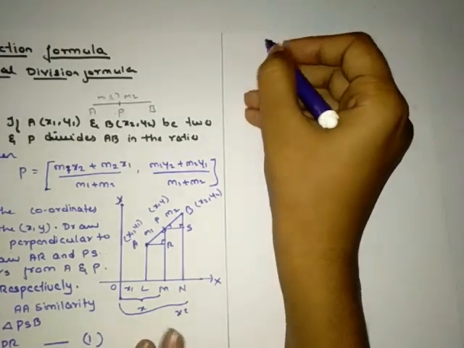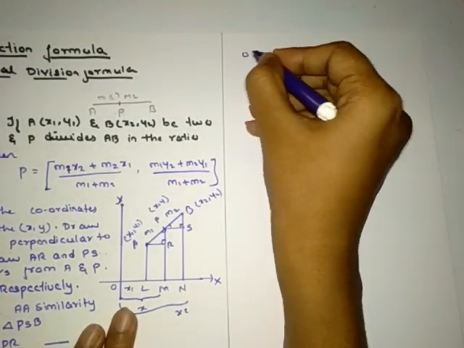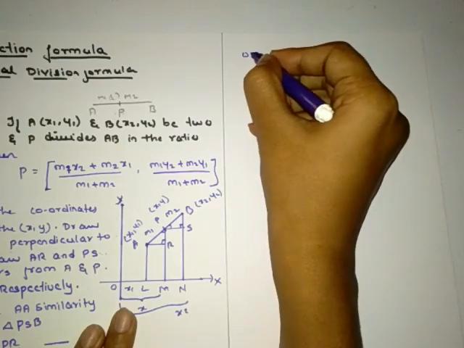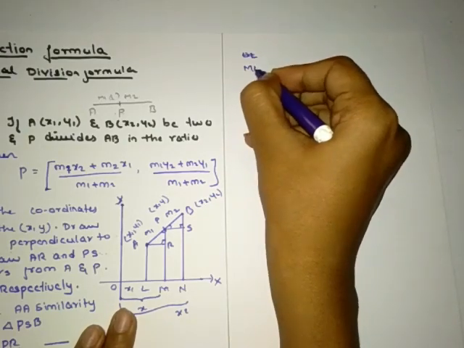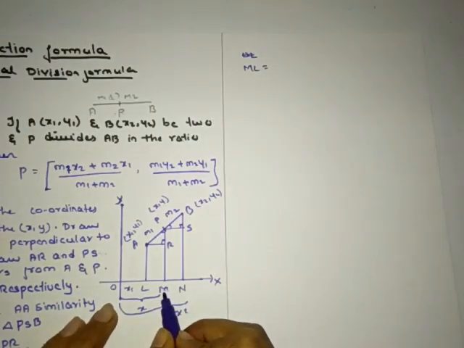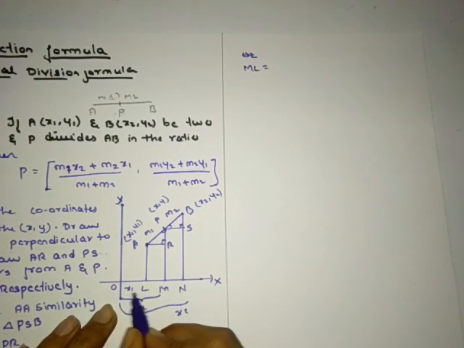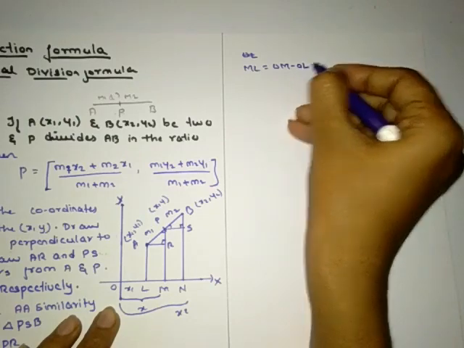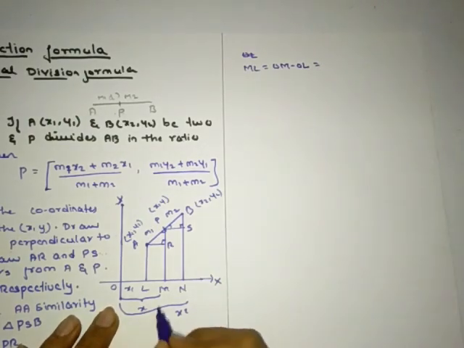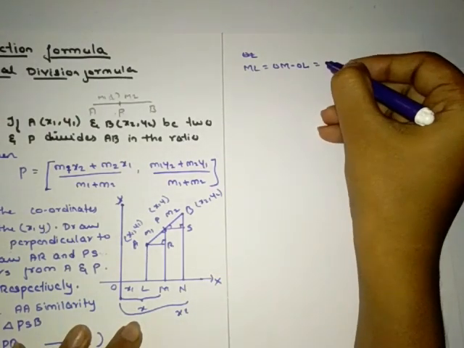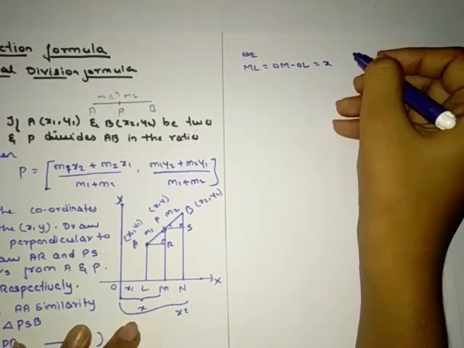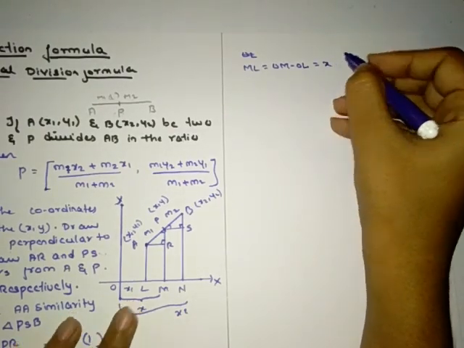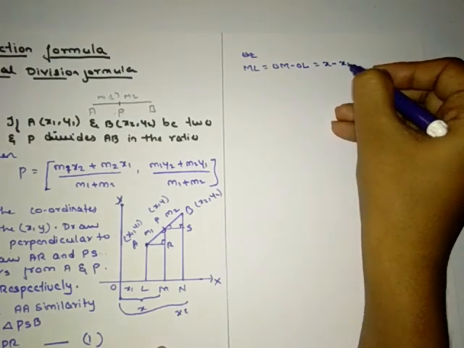So we'll write here, length LM is equal to what? OM minus OL, isn't it? Which equals OM, it is x, minus OL, it is x1, so x minus x1.